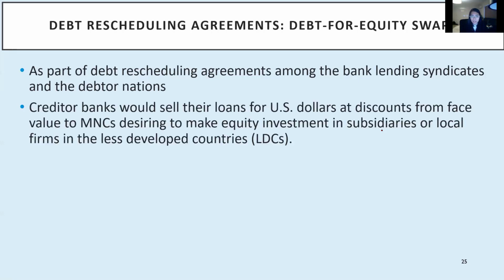A debt for equity swap is a situation where the creditor banks and the debtor countries involve a multinational corporation in between, who stands in between to buy the bad loans from the creditor banks. And then in exchange, they invest in the debtor country, okay? I'll show you a graph later on to illustrate.